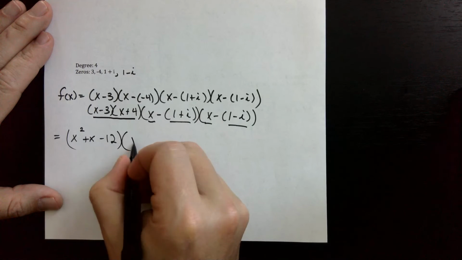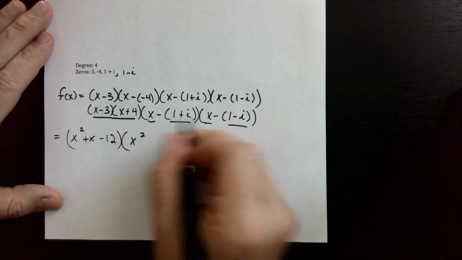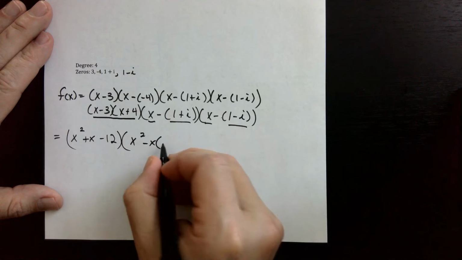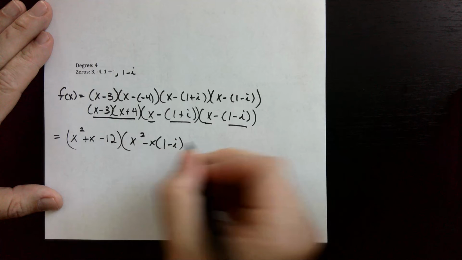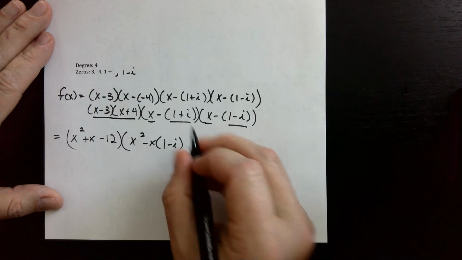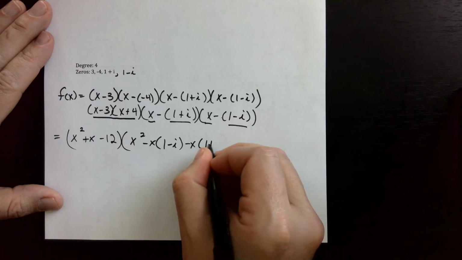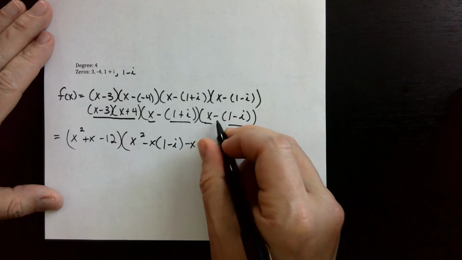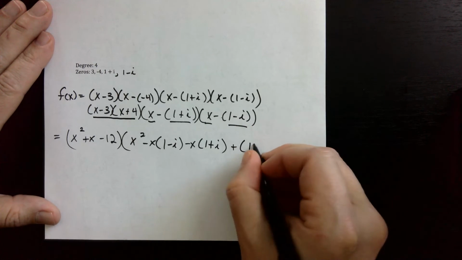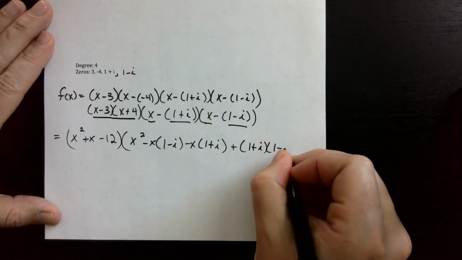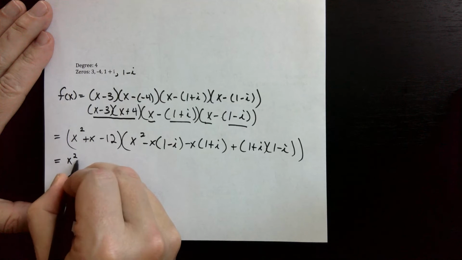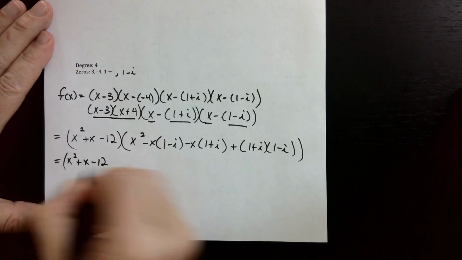The next one, we get x squared, and then x times this term, so negative x times (1 minus i), and then this times this is negative x times (1 plus i). And then the last one would be plus, because it's two negatives, (1 plus i)(1 minus i). So let's multiply some stuff out here.